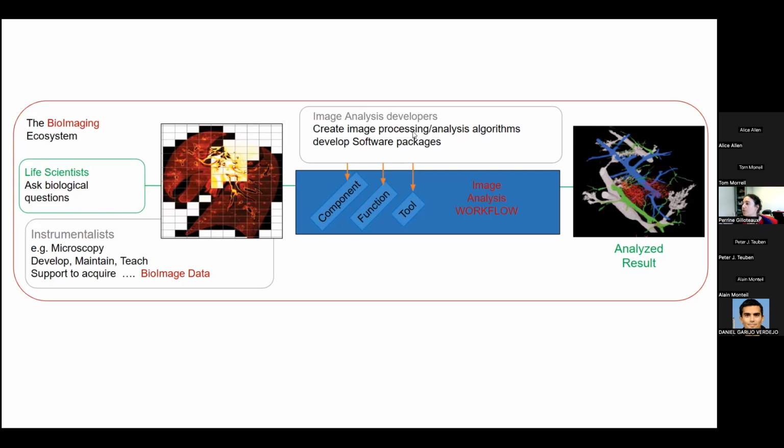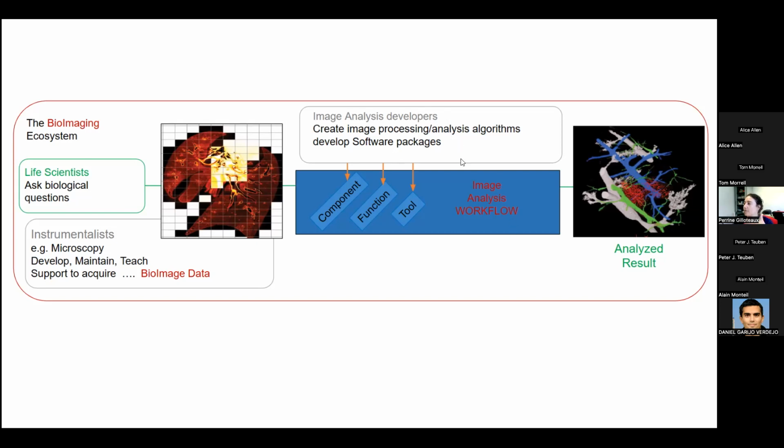And then we have a community also by itself, which is computer science people, but also signal processing, image processing science, developing new algorithms and most of the time trying to implement them in usable software packages.